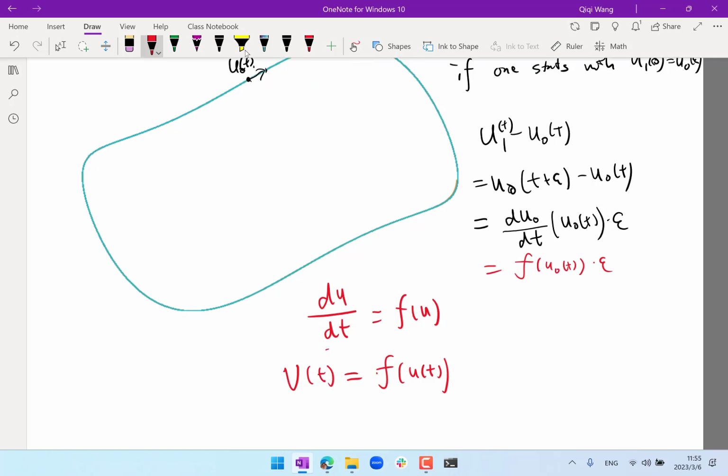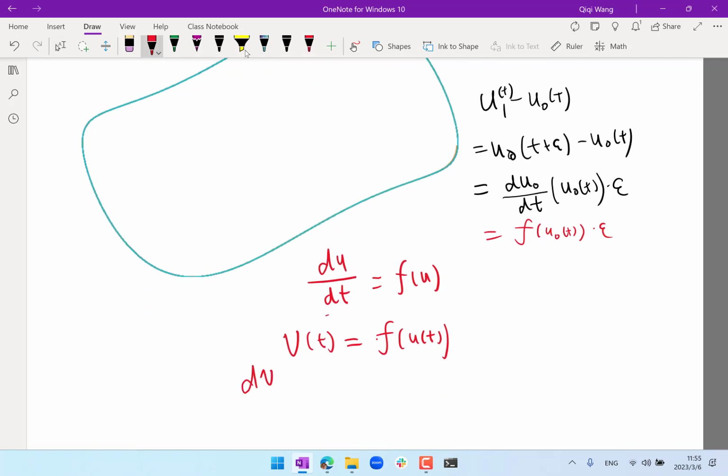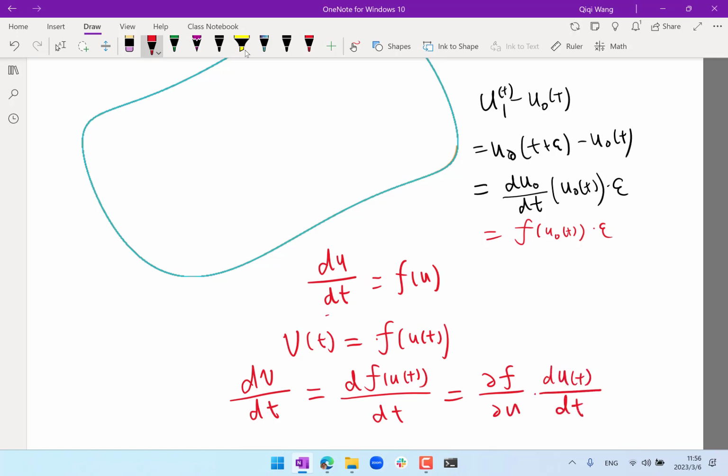Then you can show that dv/dt would be, just substituting, df(u(t))/dt, and if we use the chain rule, what is df(u(t))/dt? It is equal to df/du times du/dt. That's just the chain rule. And df/du is, of course, the Jacobian of the system.